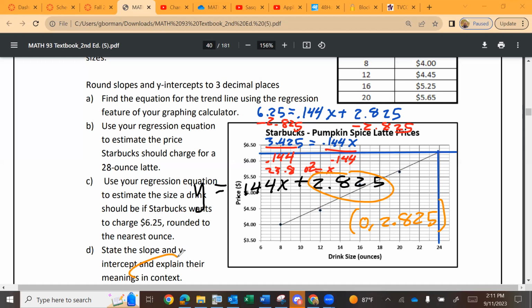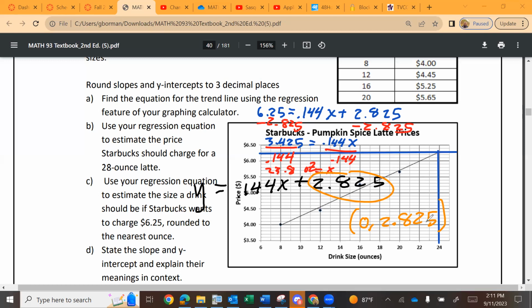So for your explanation of what this means, which is very important, you would say something like, if you bought a latte that was 0 ounces, it would cost you $2.83 or $2.82. I know that would be weird. Why would you buy a 0 ounce latte? Why would you want one, and why would you pay for it?